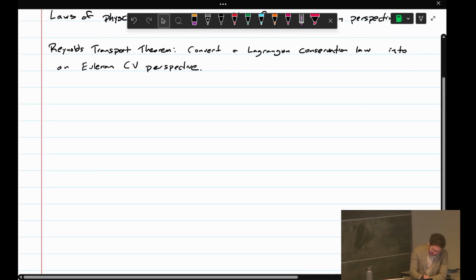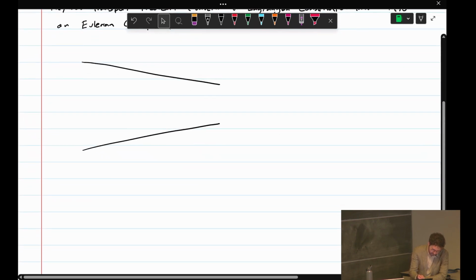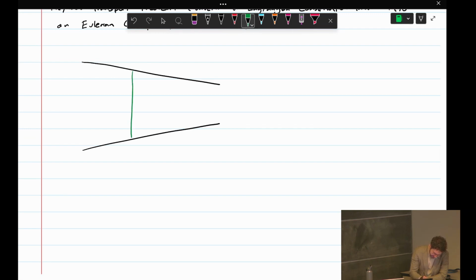Okay, so to derive the Reynolds transport theorem, we're going to consider a simple flow through a converging nozzle. So we're going to watch a fixed region of space like this. That's our control volume.